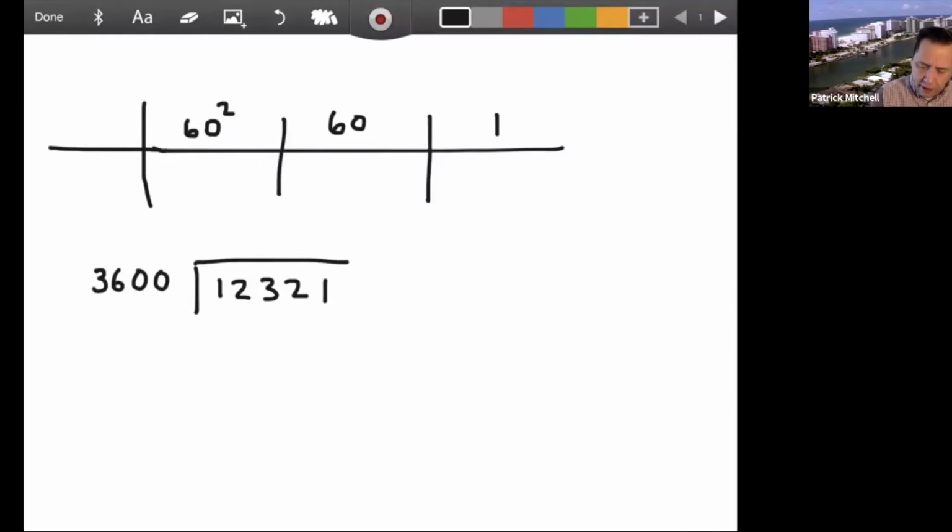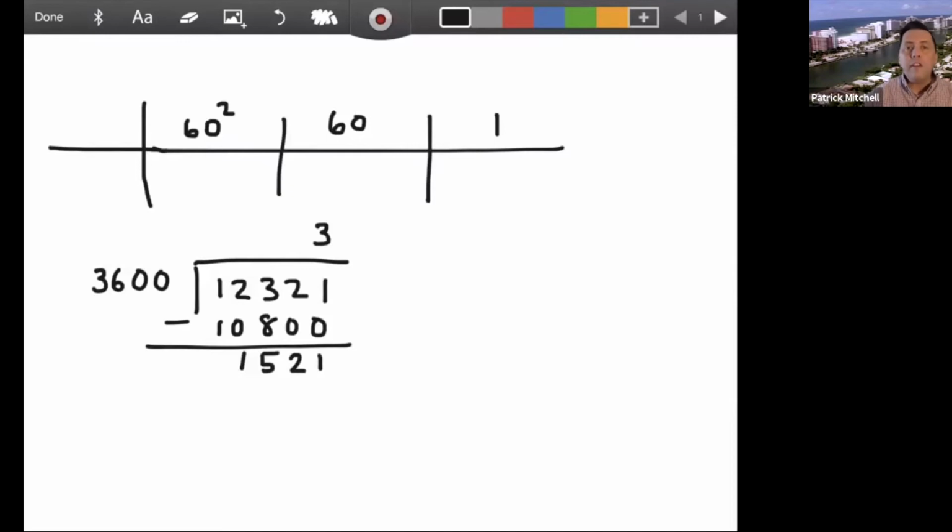I believe it goes 3 times. 3 times 3,600 is 10,800. And I'm left with 1,521. So I have 3 60 squareds.